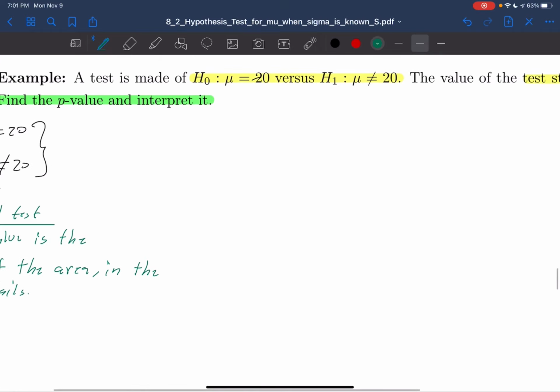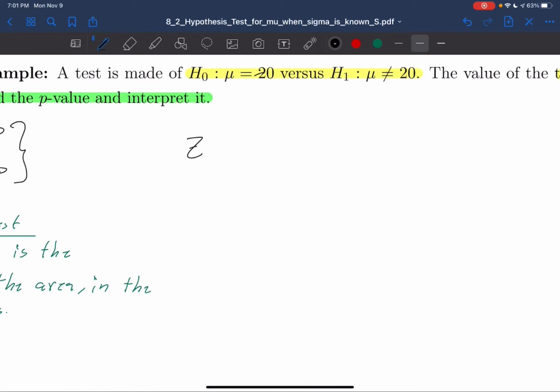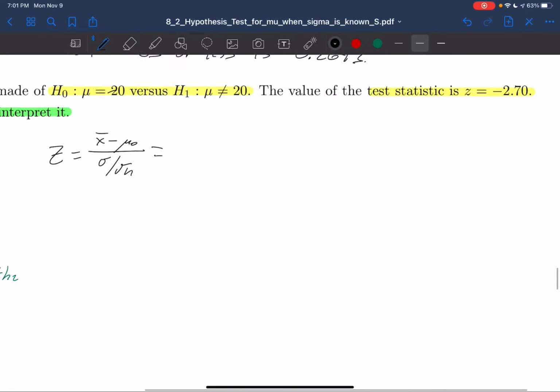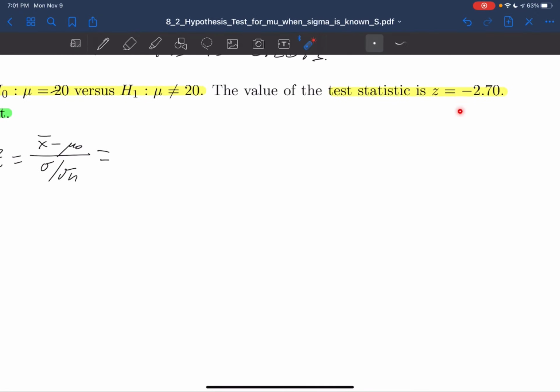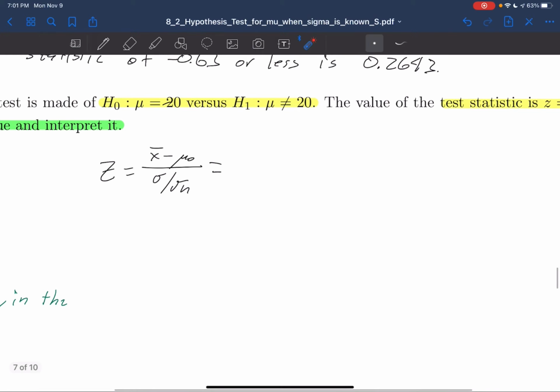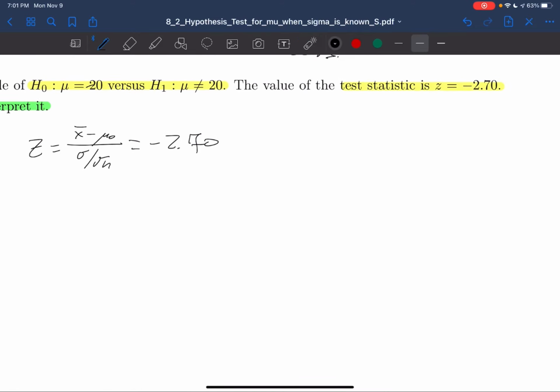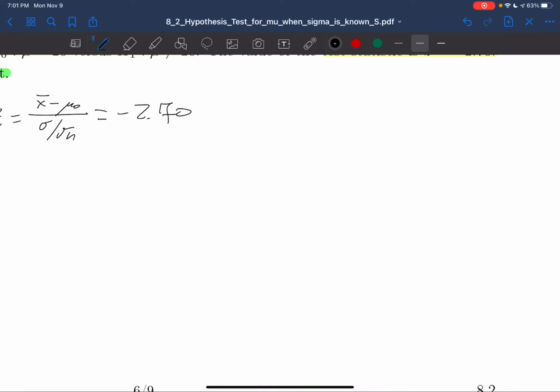Okay, so our test statistic is x bar minus mu naught divided by standard deviation divided by square root of n. But again, they already gave us this value. It's right here. Z is equal to negative 2.70. And again, the reason why we're doing this is because we're practicing how to find p-values. Okay, so let me just draw this real quick.